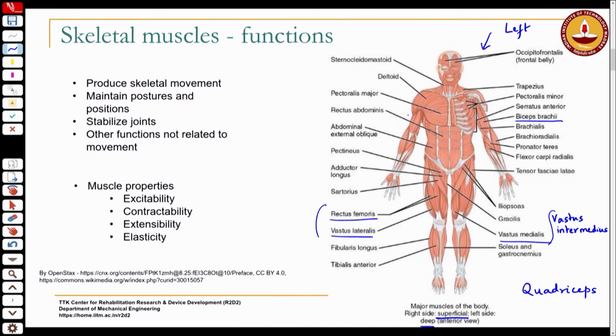Here you have to be a little more precise, because there are biceps muscles in the leg as well, which are part of the hamstring group. Okay. Then of course, you have your six pack here, the abdominal muscles. That is what they look like when they are well defined, and then you have the oblique muscles, etc. Okay. So, this is just to give you a feel for some of the major muscles of the body that we will be looking at.